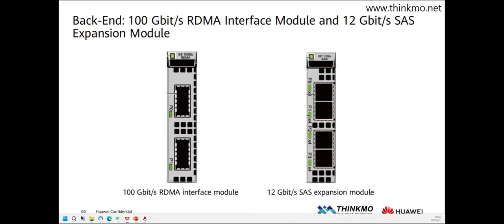Additionally, the first type is called an RDMA interface module, while the second type is called a SAS series module. They are two different types of modules, and their work content is also quite different. For instance, the 100GB RDMA module is more focused on high-speed data transmission. As you can see from the 100GB, it emphasizes high-speed data transmission, mainly providing support for scenarios that require extremely high speeds.